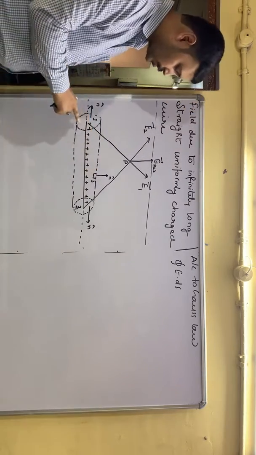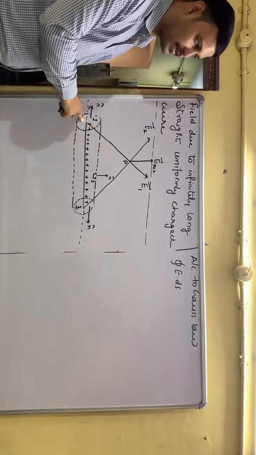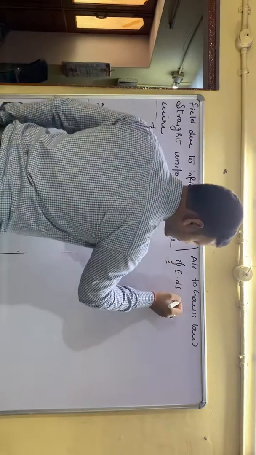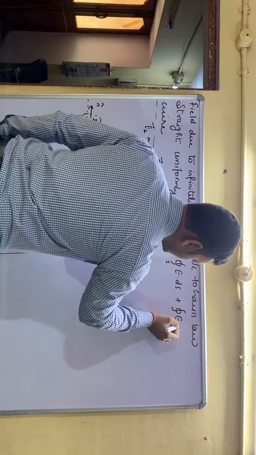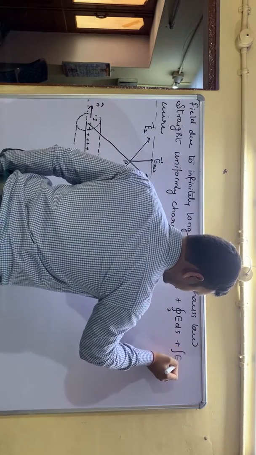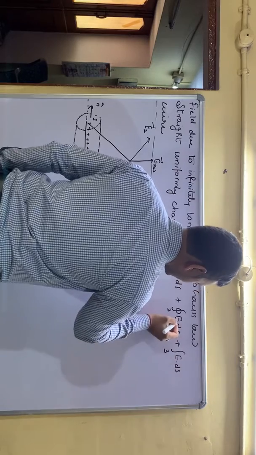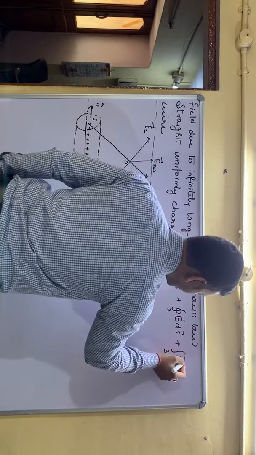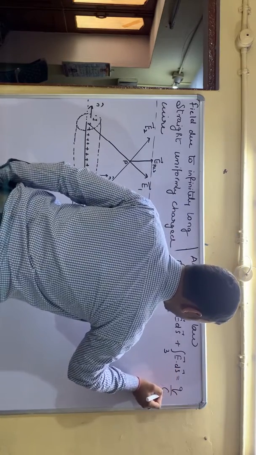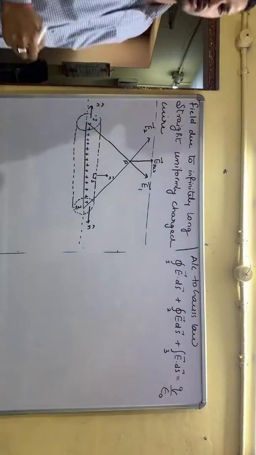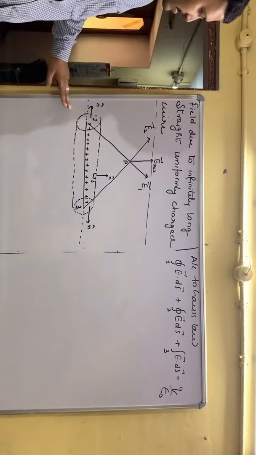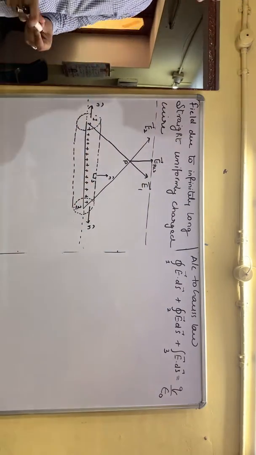So when we write for the first surface, E dot dS for the first surface plus E dot dS for the second surface plus E dot dS for the third surface, with the vector signs, is equal to Q upon epsilon naught. Hopefully I am clear about this equation.